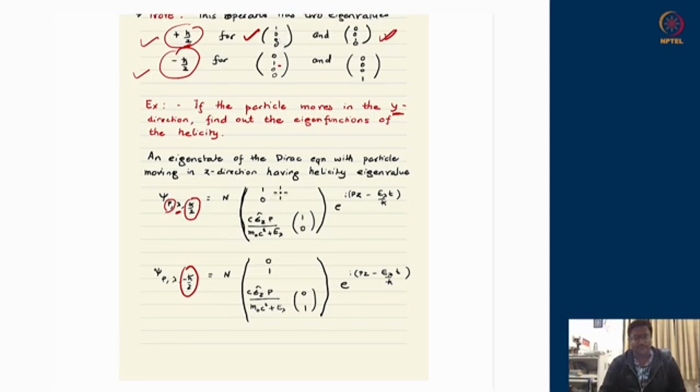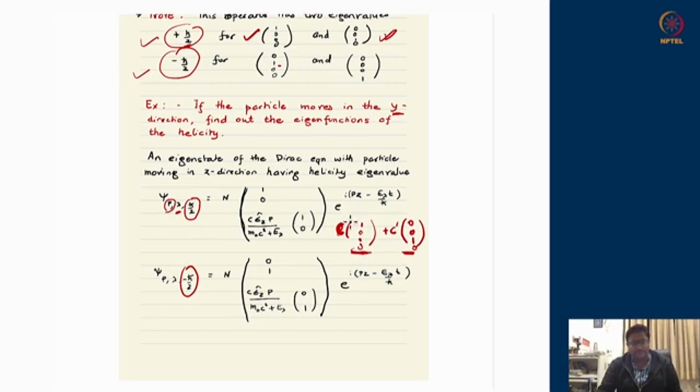So in general, a phi naught, some constant, multiplying 1, 0, 0, 0 and some other constant chi naught multiplying 0, 0, 1, 0, they both have the same helicity eigenvalue. So therefore, the combination also has the same helicity h bar by 2.